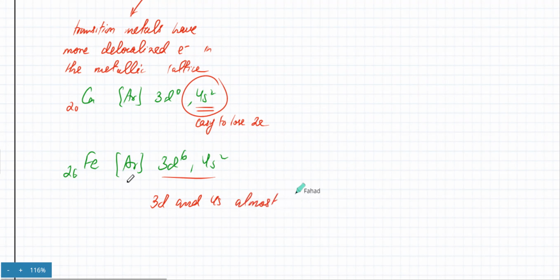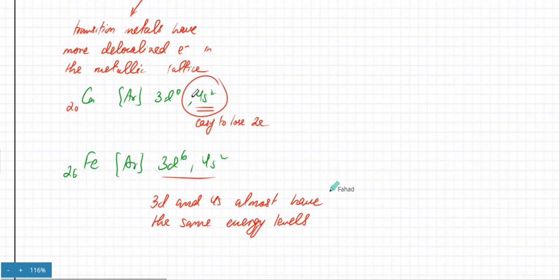So if electrons can be lost from the 4s, they can also be lost from the 3d. Not a lot of energy would be required.